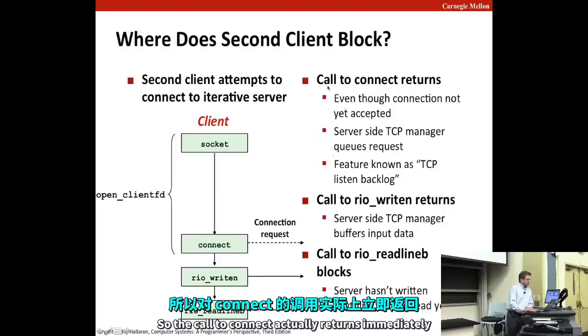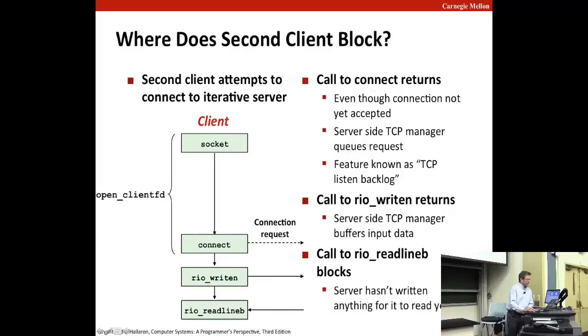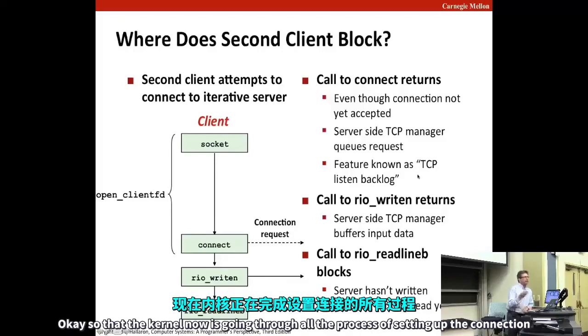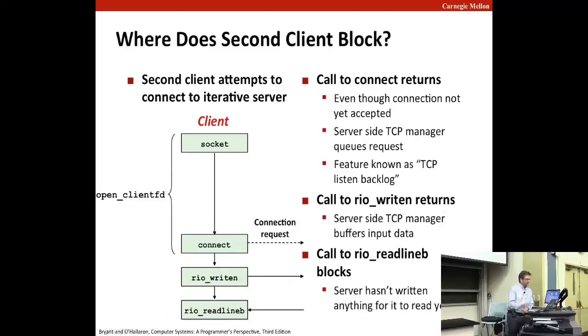So the call to connect actually returns immediately, and it exploits this feature in the kernel that can queue up these connection requests. So the kernel now is going through all the process of setting up the connection, but the application program continues.